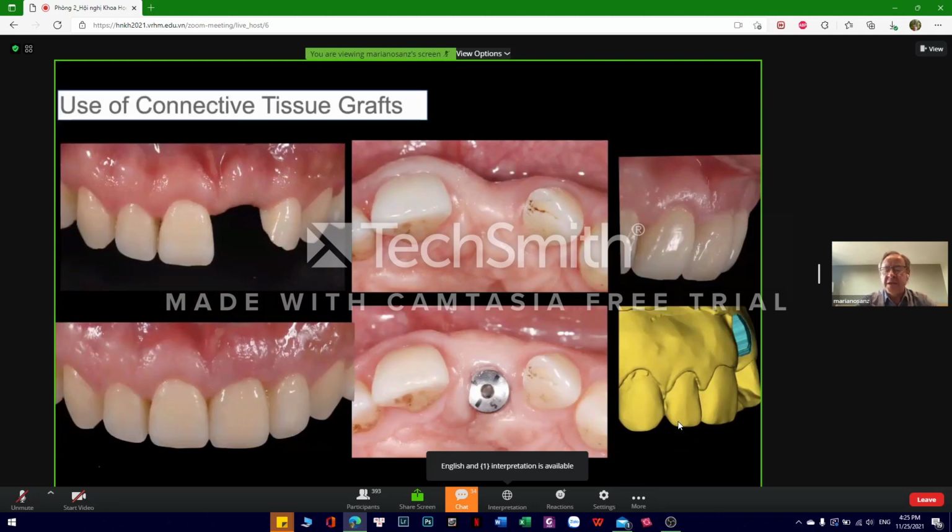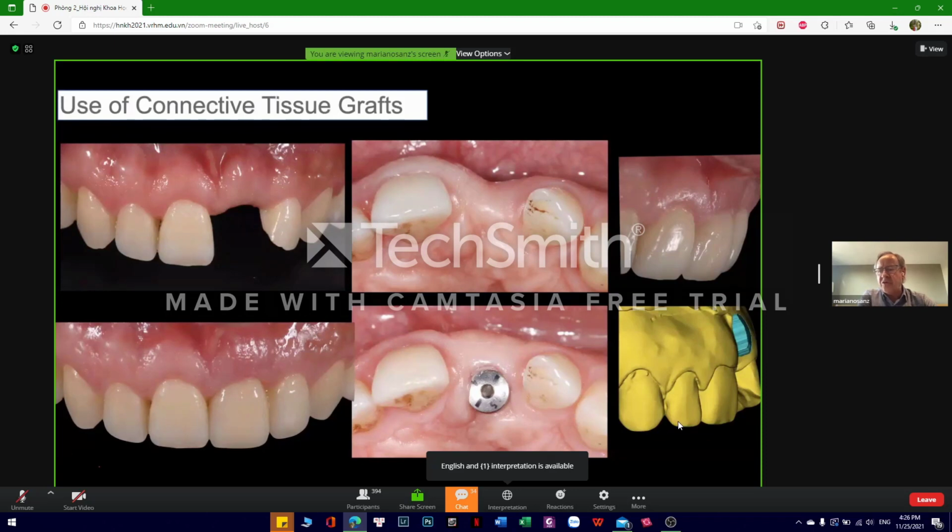our dentitions. And you see this particular patient that we place an implant because there was no problem with the bone availability, but the patient had clearly a concave profile. So we just did a connective tissue graft, and we changed from a concave to a convex profile.